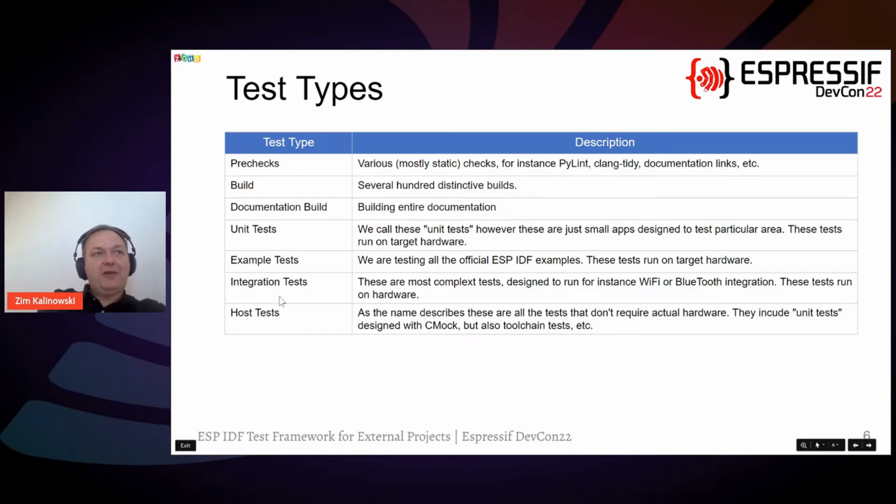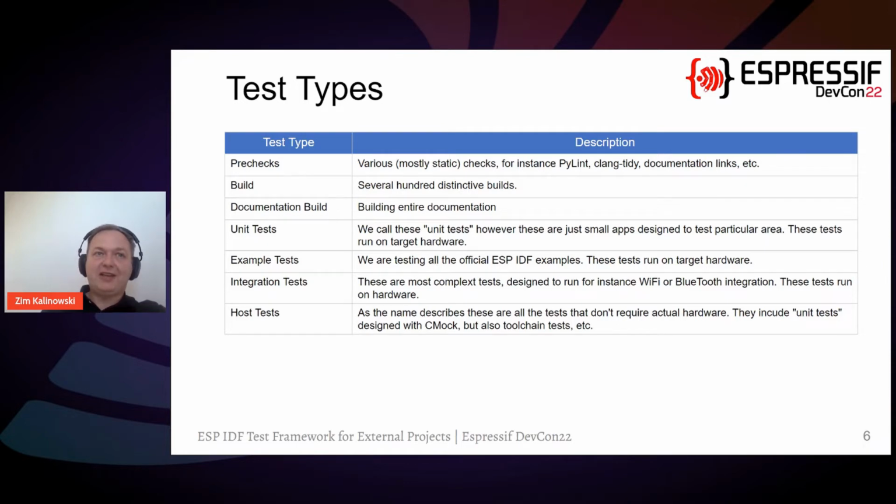And finally, we have so-called integration tests. We call them integration tests because they cover a little bit larger areas. They are designed to test, for instance, Wi-Fi or Bluetooth integrations.